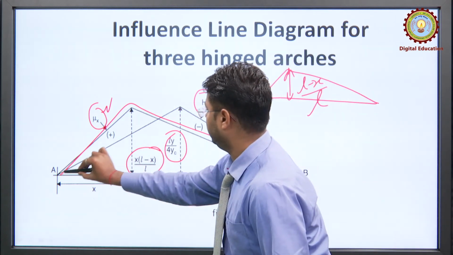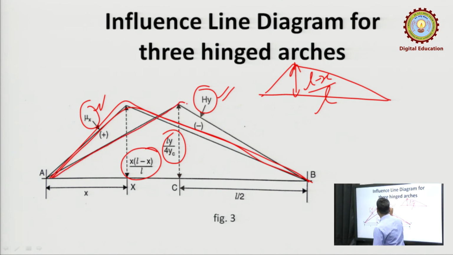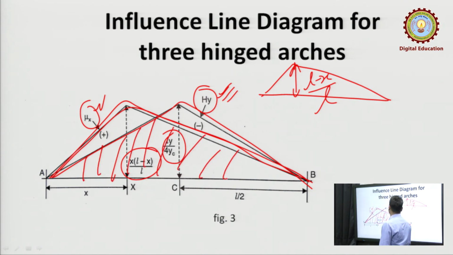So this was your ILD diagram for Mx, and this was your ILD diagram for H_y, and this was your overlapped area for the influence line diagram.